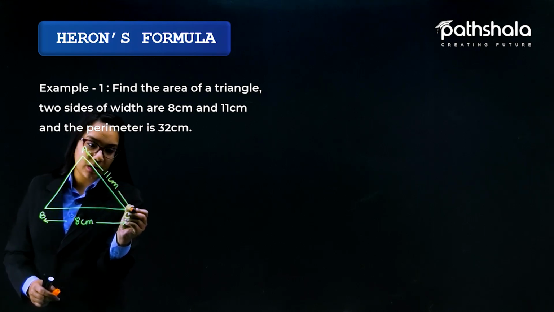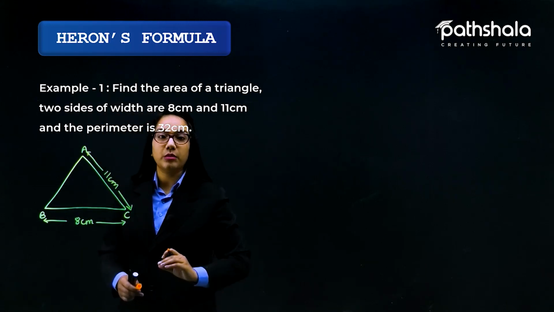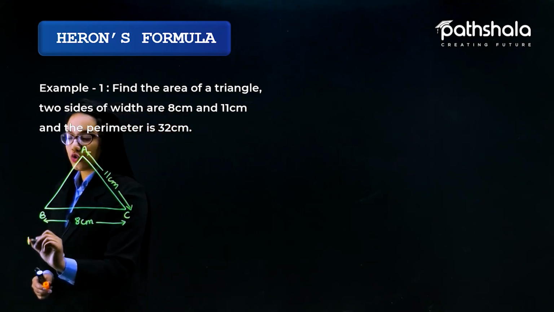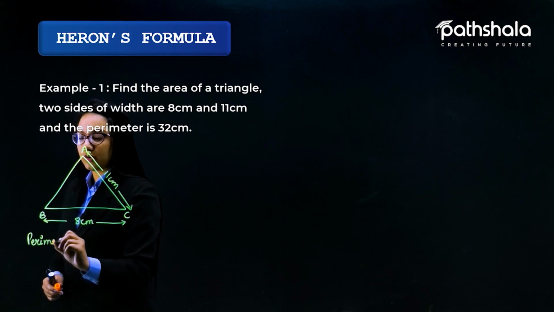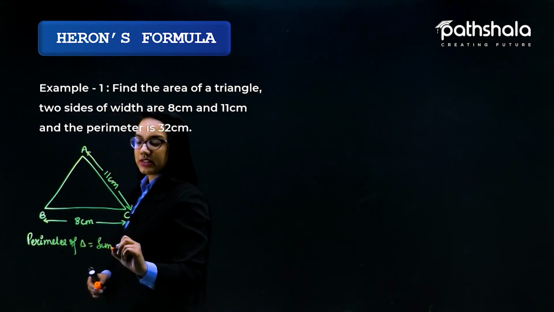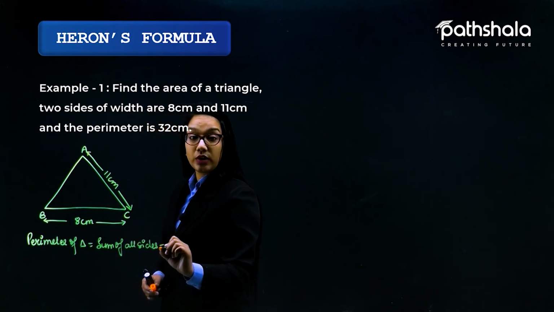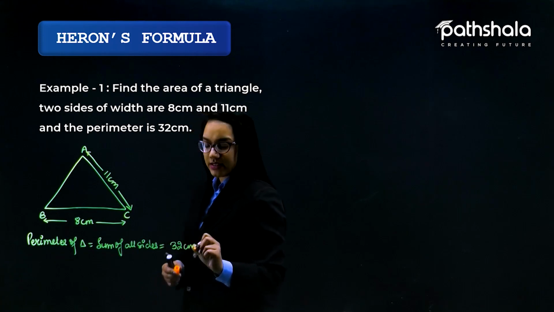We just have to find the third side. As we know, the perimeter is 32 centimeters, and the perimeter of the triangle is equal to the sum of all the sides, which is 32 centimeters as given to us.